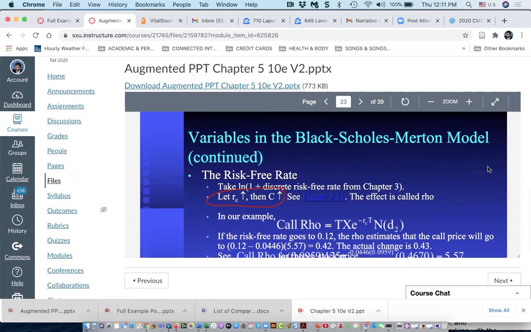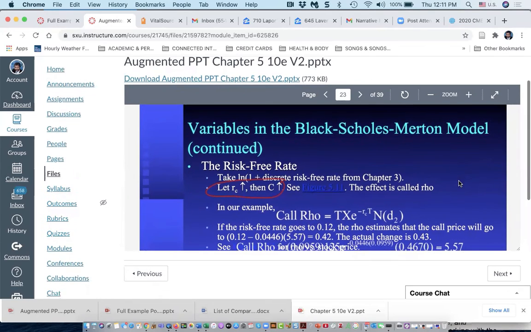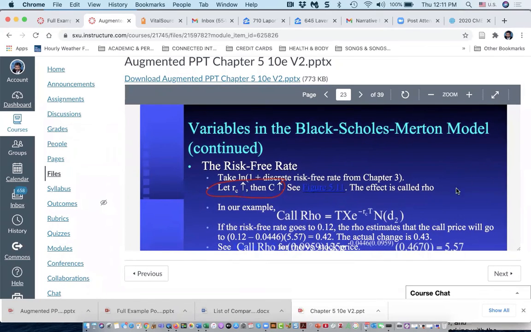One is that I can buy a call option now. The other is that I can buy the stock now and take it to the future. So if the interest rates are going up, is buying a stock more expensive or less expensive now?